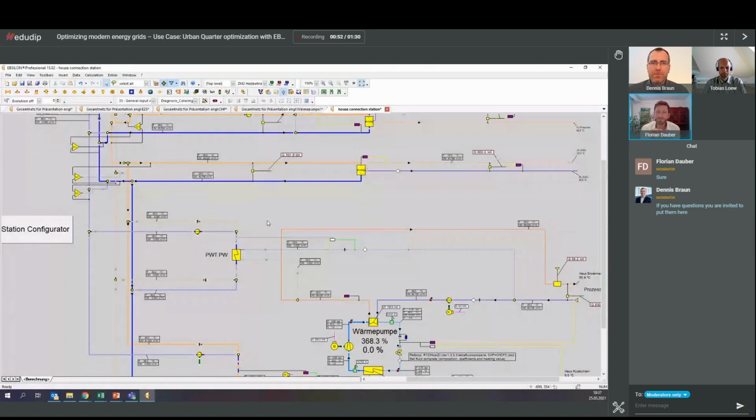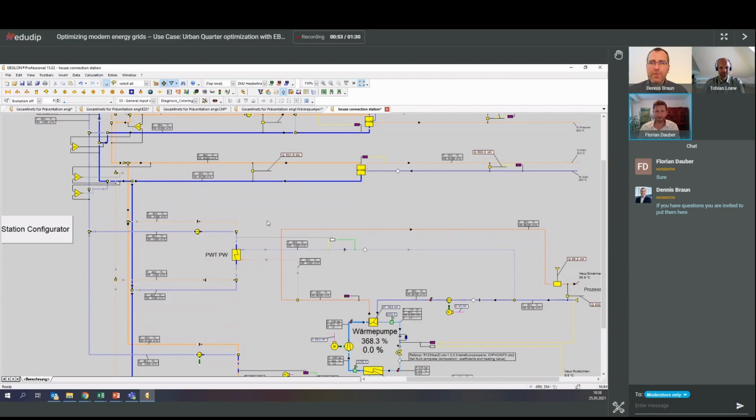And I think this plays into the hands of EBSILON, as we have a tool where you can model and simulate all those technologies from one source. You don't have to switch between different IT solutions. You don't have to use Excel to model a quite complex energy solution. It's really handy to have a tool which is not specialized on just one technology, but lets you model the whole complex grid, the house connection station, and even the energy generation in one tool.